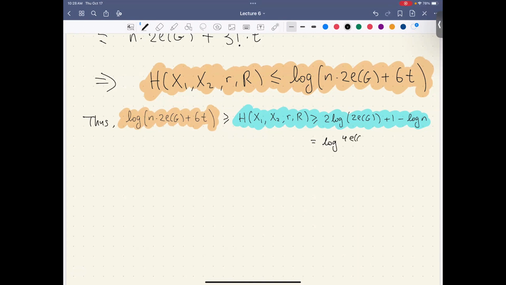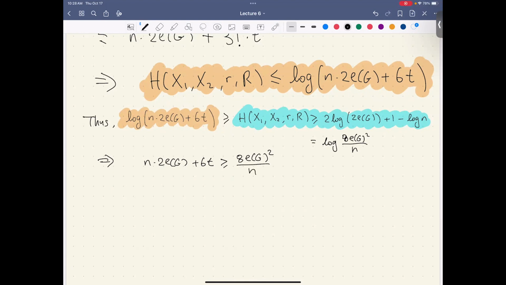Let me just write e of g squared plus 1. So I need to multiply by 2 again. So it becomes 8, minus log n. So I need to divide by n. Okay, that's the other side. Is that correct? Log 2 seems correct. So this implies n times 2e of g plus 6t is at least 8e of g squared over n.